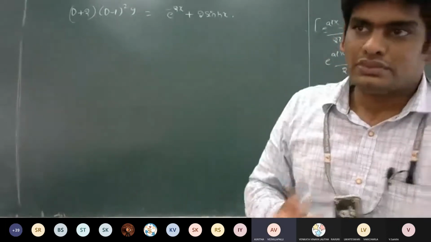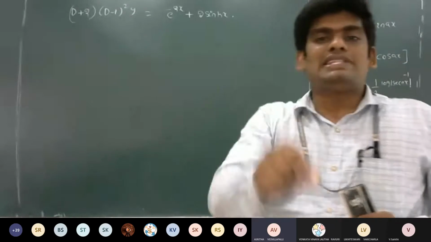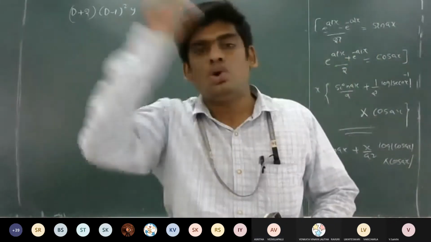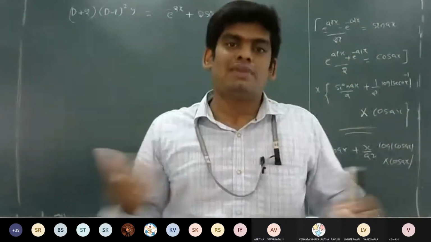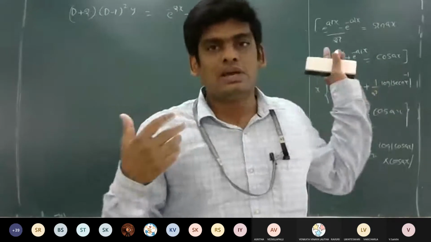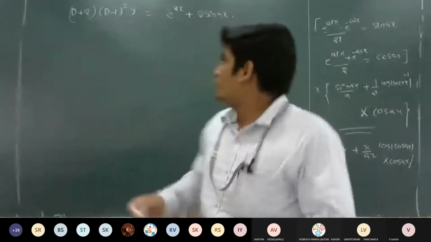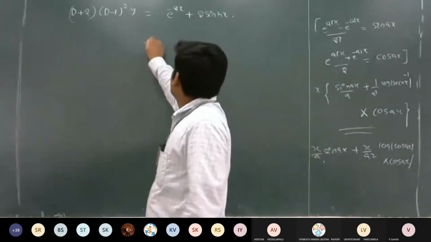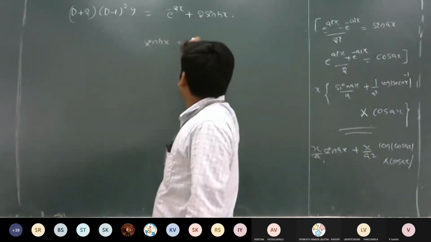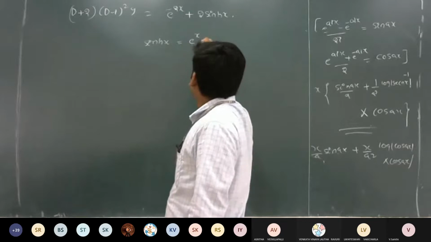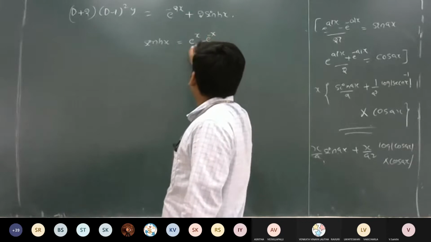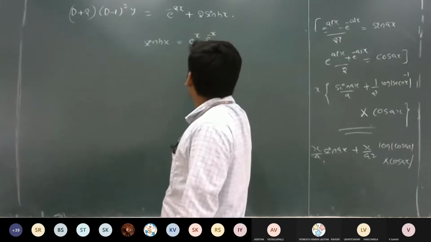By changing hyperbolic functions into exponential functions. Why? Because just now we were writing the cos x and sin x values. So like that, we have sinh x equal to e power x minus e power minus x by 2.